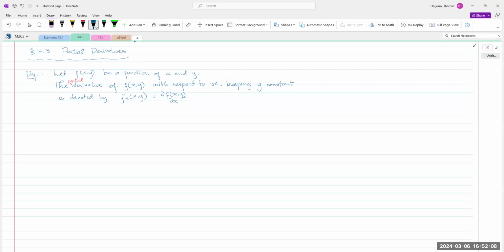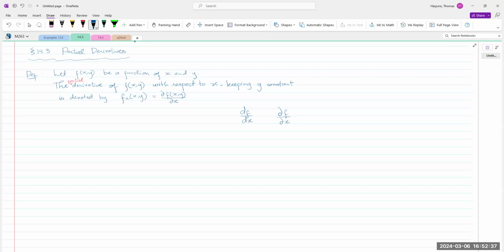Now, in Calc 1 and Calc 2, the derivative of the function is usually denoted df dx, right? But when it comes to partial derivative, we use dou. The way to write it is like this: dou, not a d. Okay, dou f dou x, like that.